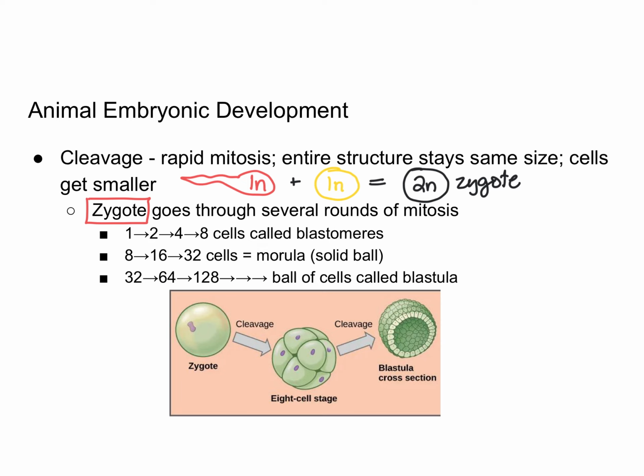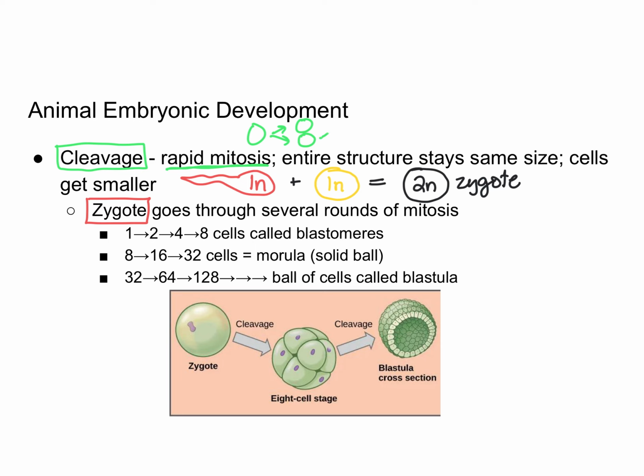chromosomes from the egg. Now, the zygote does not typically stick around for very long because the zygote is now going to start going through this process known as cleavage. And cleavage just refers to a lot of mitosis. So remember that with mitosis, you have one cell that produces two identical cells.